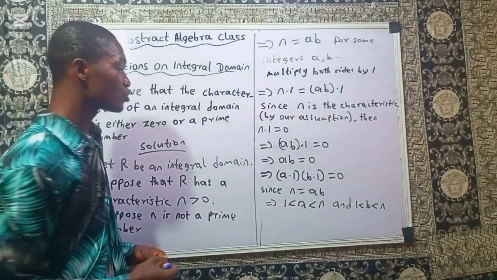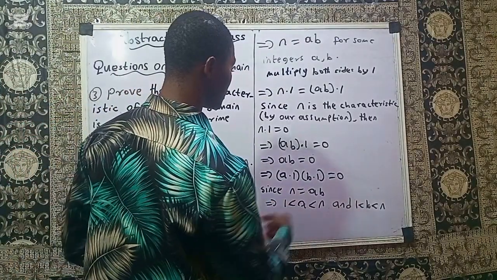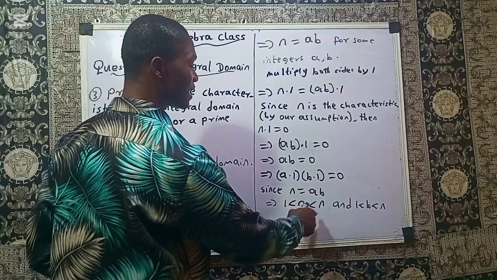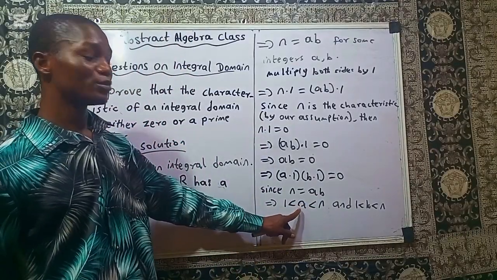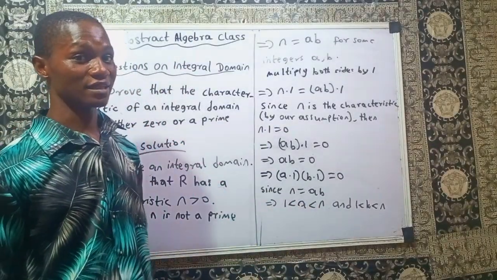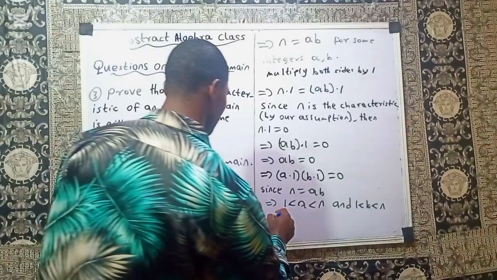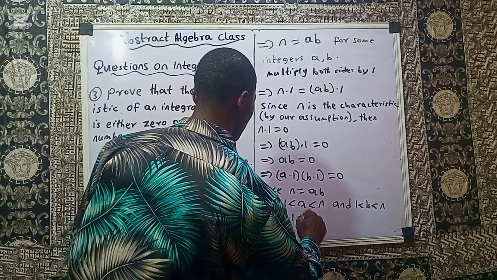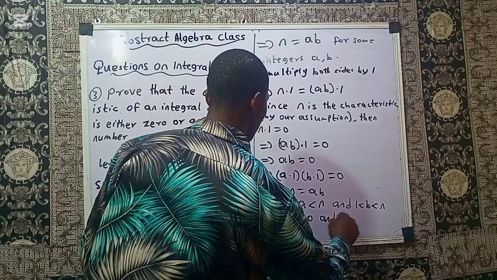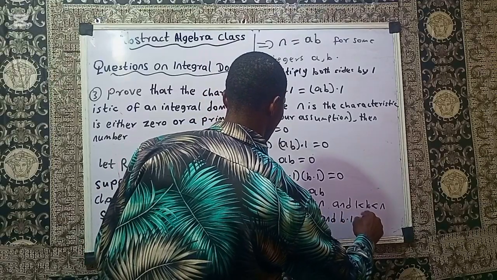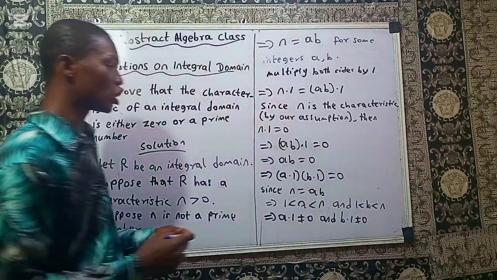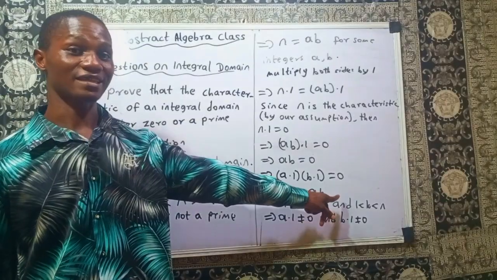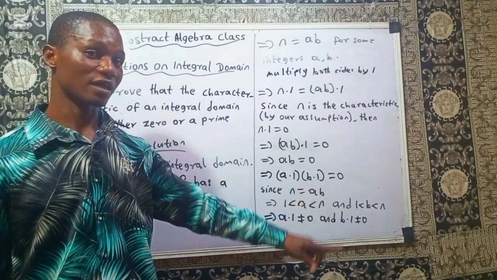So since a is less than n, it means a is smaller than the characteristic of the ring. So this implies that a times 1 is not 0, and b times 1 is not 0, because a is smaller than the characteristic of the ring. A is not the characteristic.